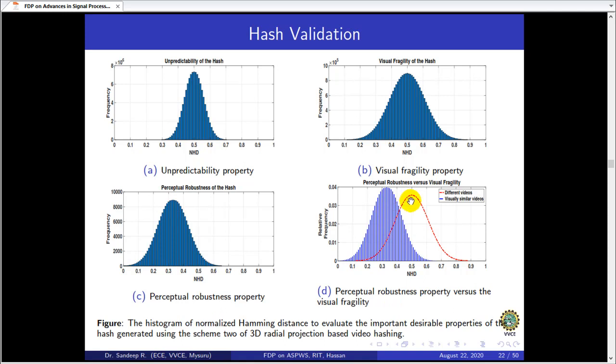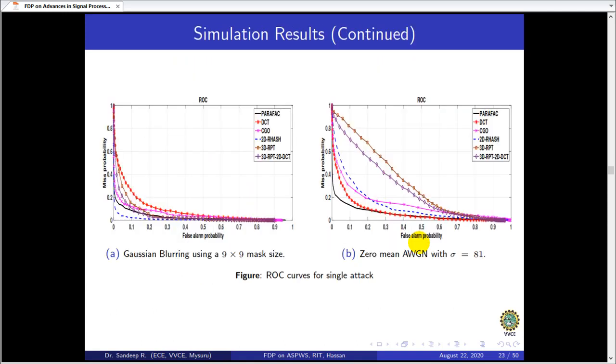And then you can see that the histogram obtained for visually similar videos and the histogram obtained for visually different videos are still overlapping, and there are still a large number of misclassifications because of this algorithm. But more or less it satisfies the desirable properties of the hash.